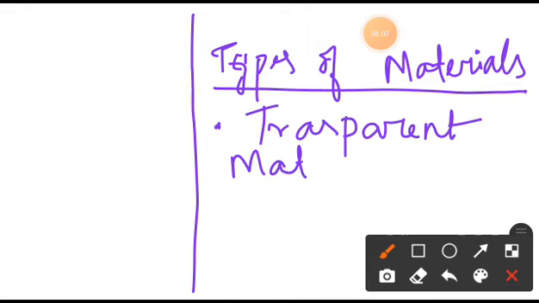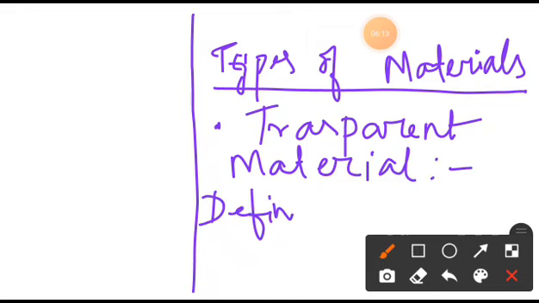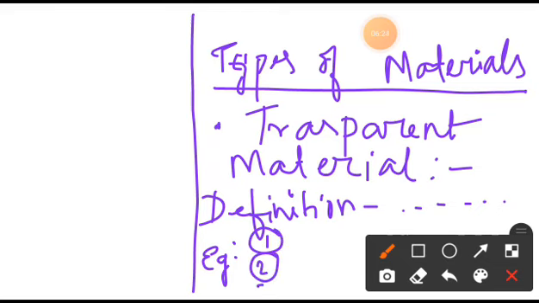Then after that, write the definition. You will have to define what is transparent material. Then after that, give 3 examples: 1, 2, 3. So these are all the things which you are going to write in the ruled side.